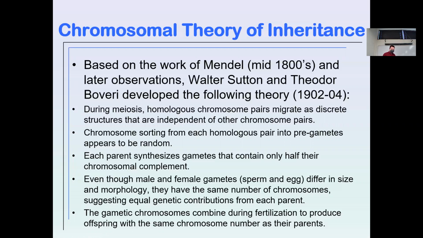We talked about Mendel's laws of inheritance. What happened between then and when we actually began to understand that genes are coded specifically on DNA, because Mendel did not understand how inheritance was occurring at the microscopic molecular level.